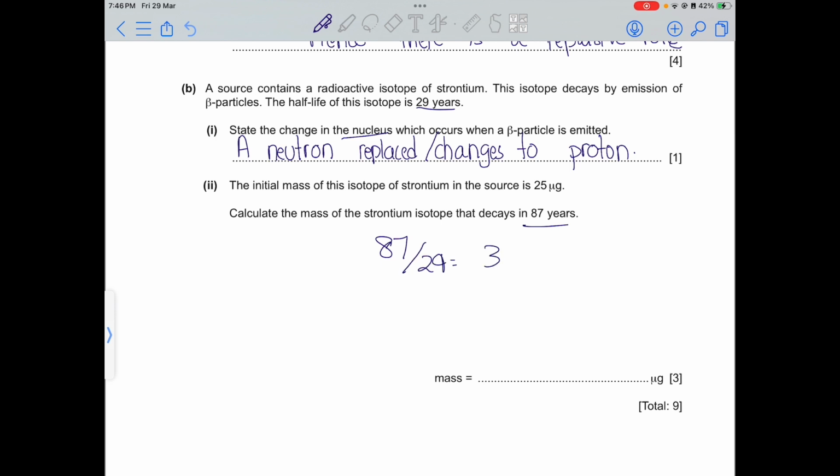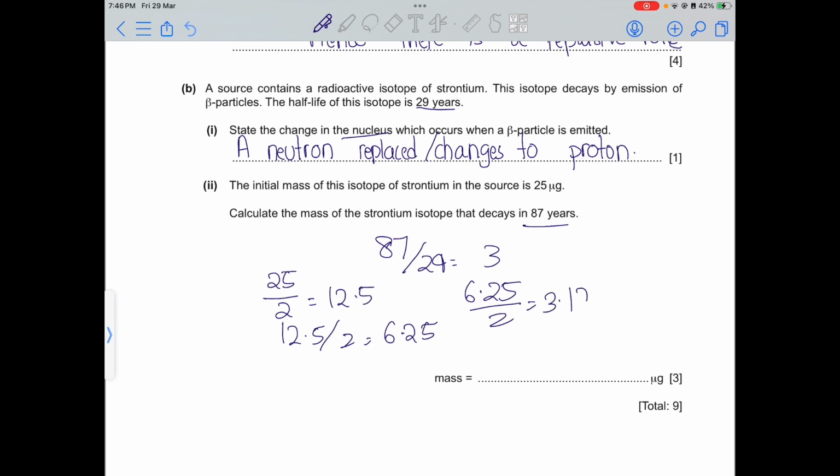First, 25 divided by 2 is 12.5. 12.5 divided by 2 is 6.25, and 6.25 divided by 2 is 3.125. This is the mass which actually remains after this.